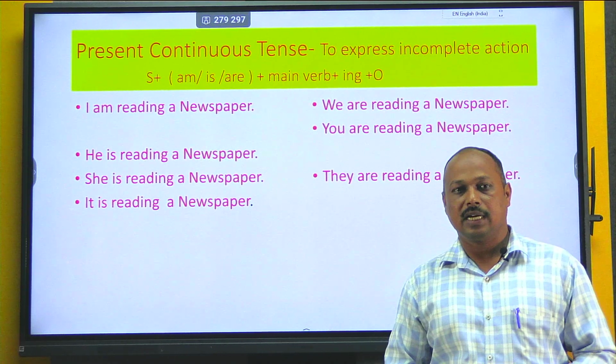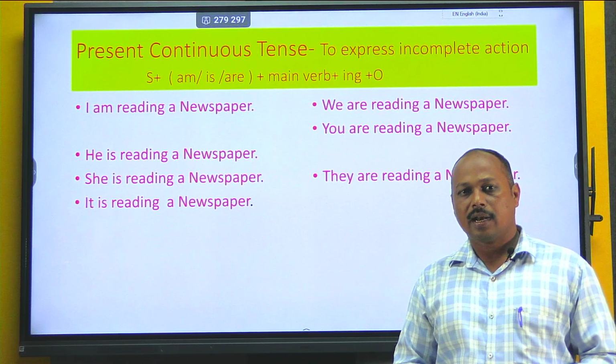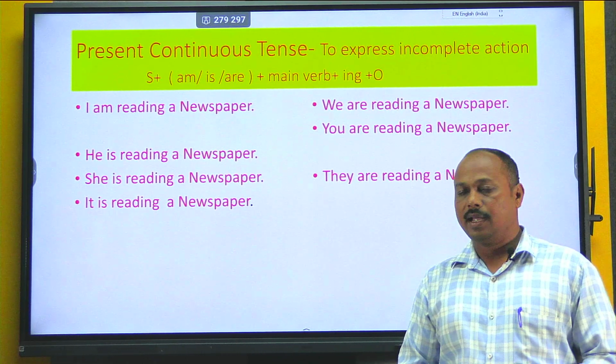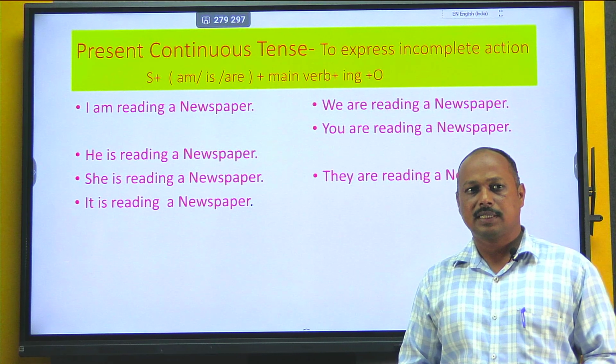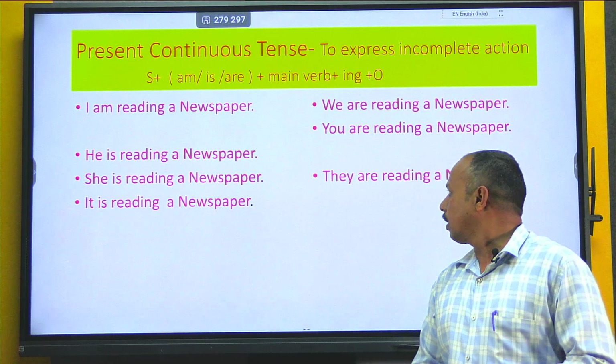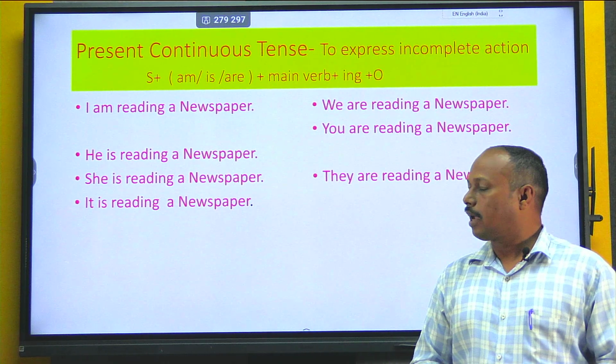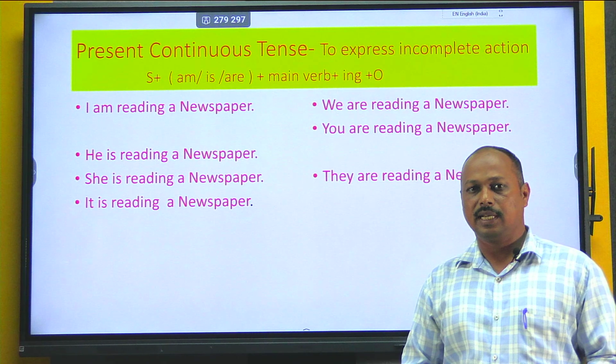I am reading a newspaper, we are reading a newspaper, you are reading a newspaper, he is reading a newspaper, she is reading a newspaper, it is reading a newspaper and they are reading a newspaper. We can see here after I we use am.